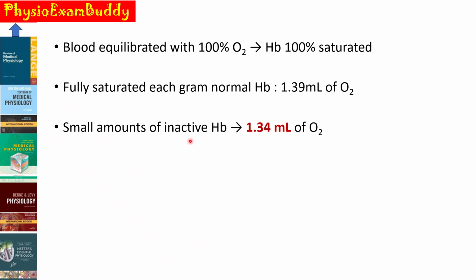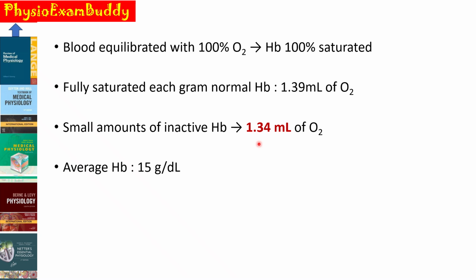However, the blood normally contains a small amount of inactive hemoglobin derivatives, and the measured value in vivo is lower than 1.39 ml. That is, the actual value you will be getting is 1.34 ml of oxygen.